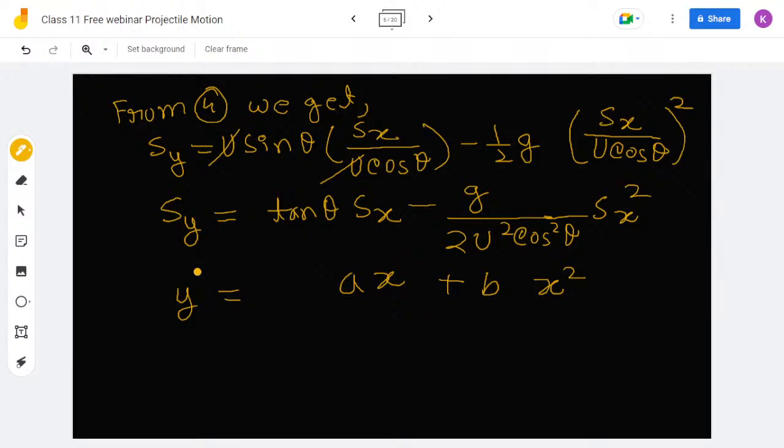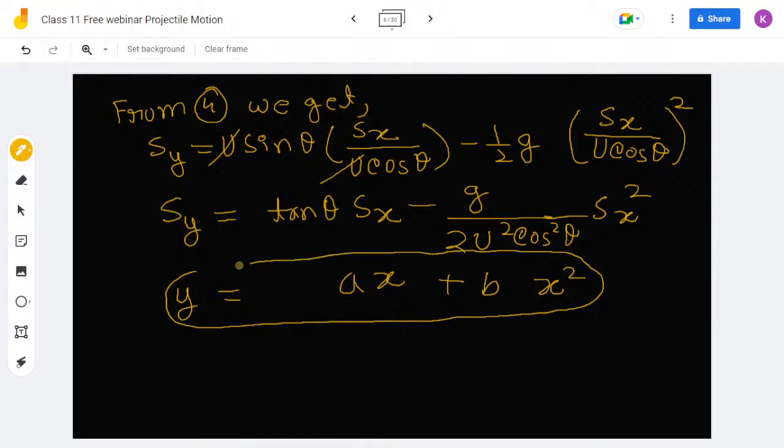So this equation of trajectory comes out in the form y equal to ax plus bx square, where a is tan theta and b is minus g by 2u square cos square theta.